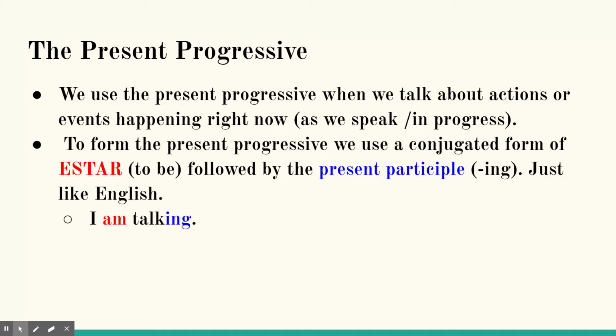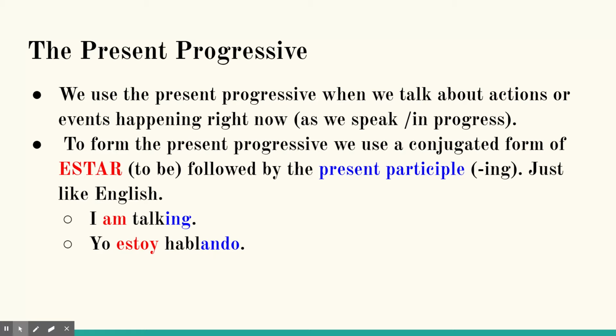For example, in English, we say, I am talking. As you can see, we're using a conjugation of the verb to be plus the present participle, ing, following my verb, I'm talking. That means that the action is happening right now as we speak.